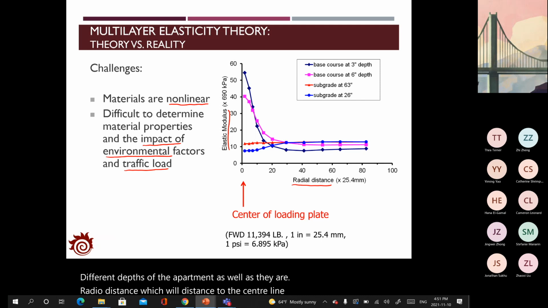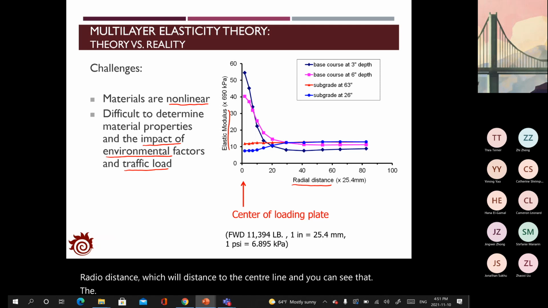And you can see that the modulus of elasticity is changing dramatically when the radial distance is less than 30 inches.